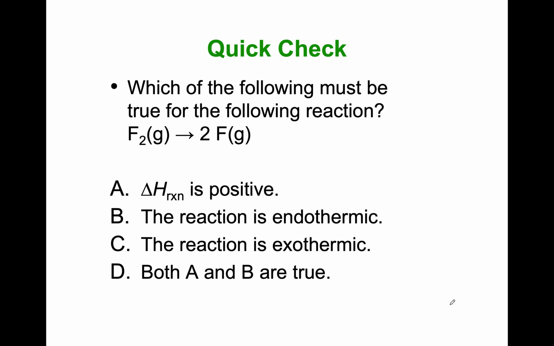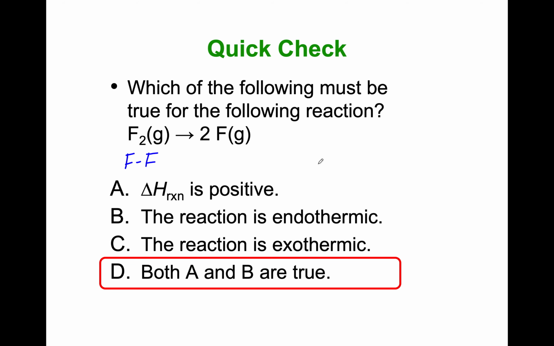So think about the bonds. Well, if you look here, this is a bond, fluorine to fluorine, but these are single fluorine atoms, okay? So to break the bond, remember, to break FF to be two single atoms, that takes energy. That's delta H is positive, and that's endothermic.